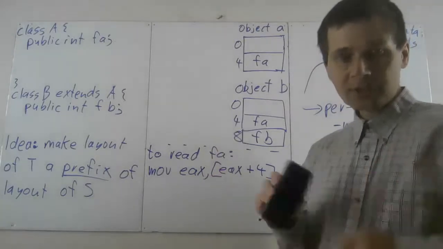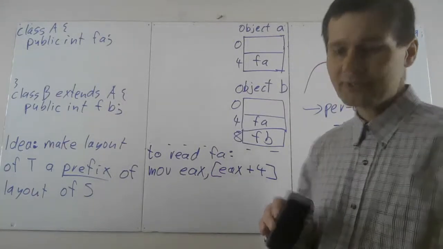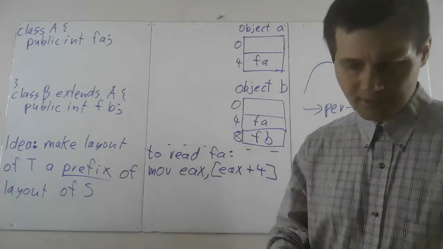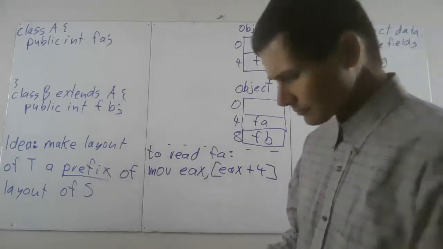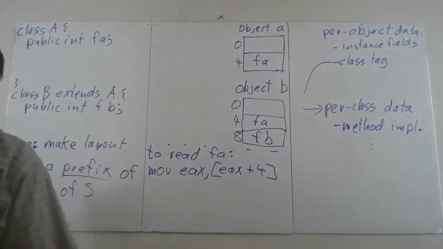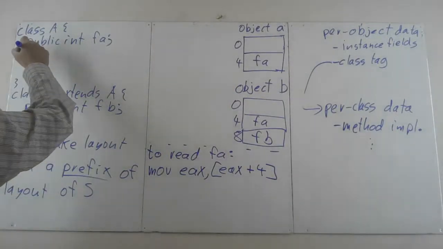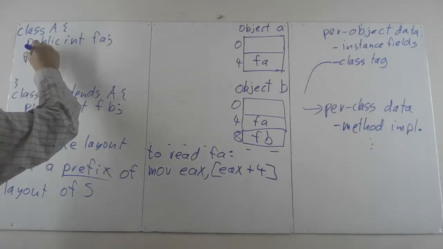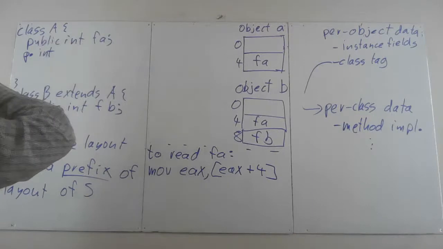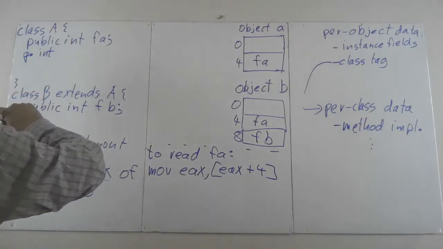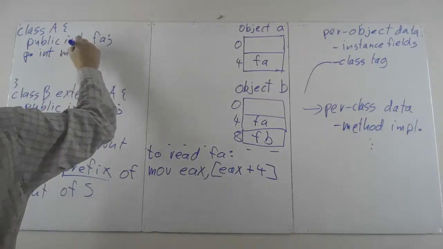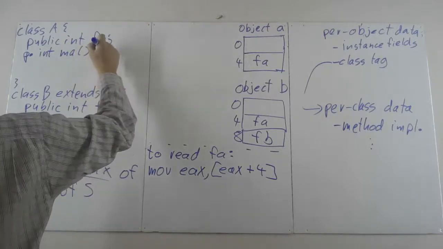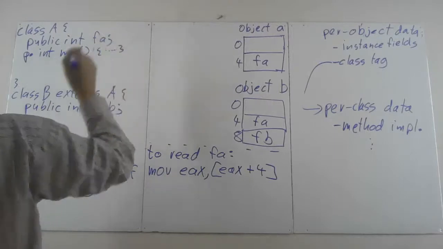All right, so to expand on this, what about methods and what happens with methods? Let's say I add a method, public int MA, and I'll have an implementation of that method.